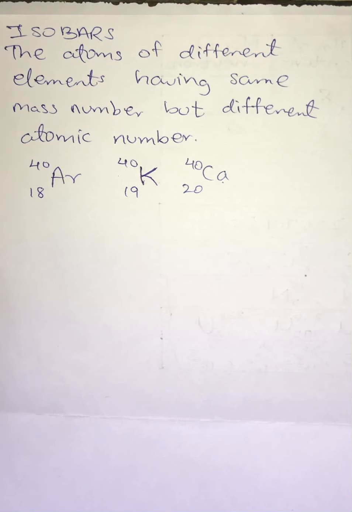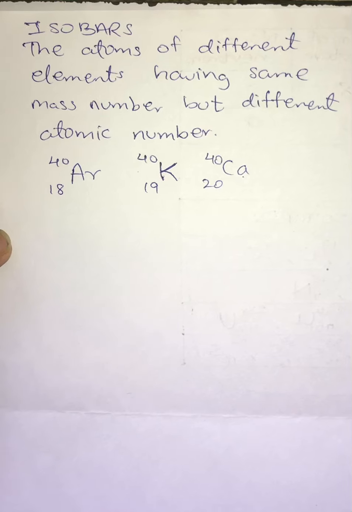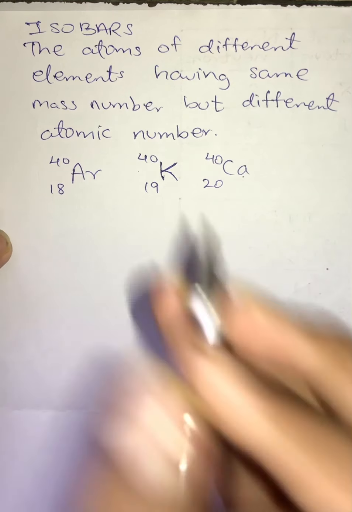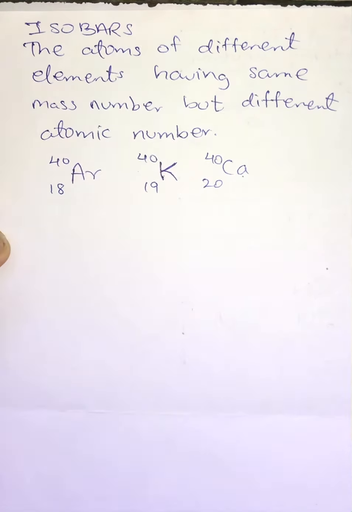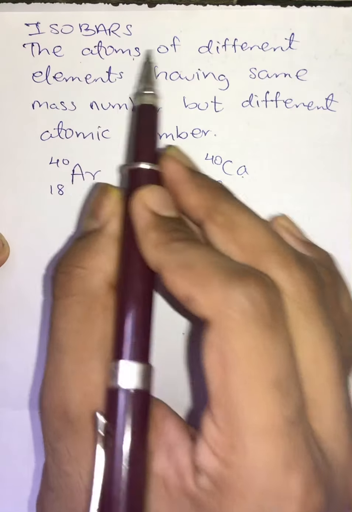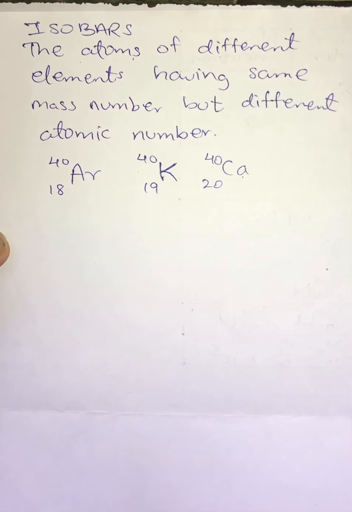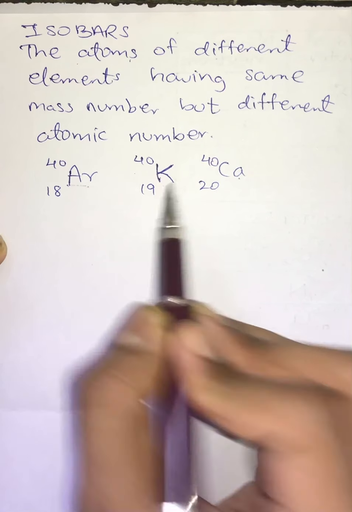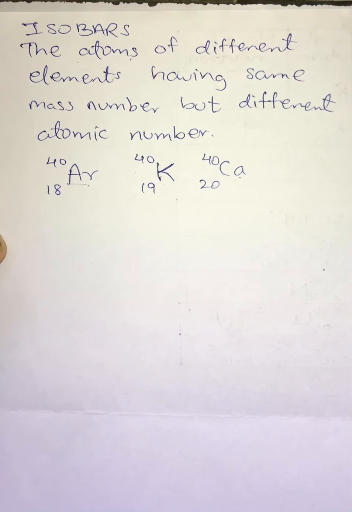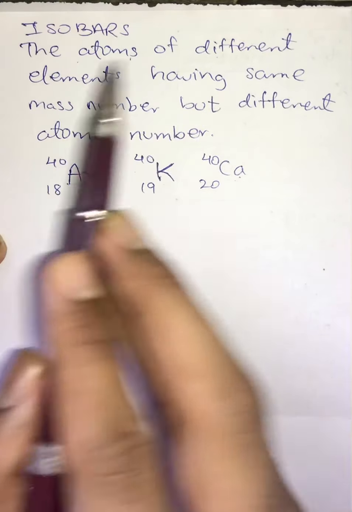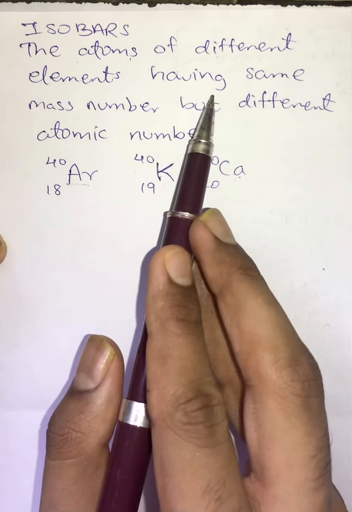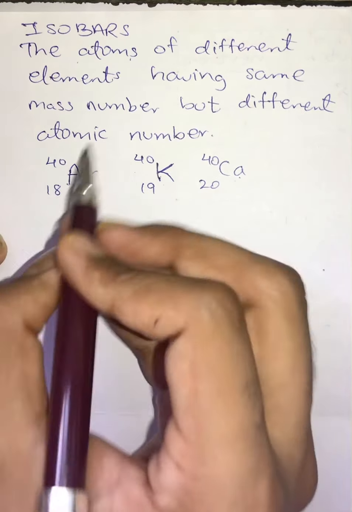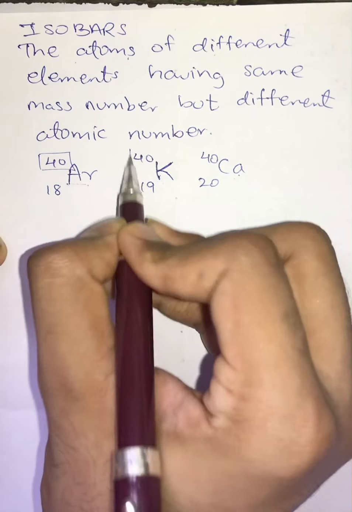Okay, now if you observe one thing carefully here, see, what does our definition say? The atoms of different elements, the elements are different here, argon, potassium, calcium, they all are different. The atoms of different elements having same mass number. Can you see?